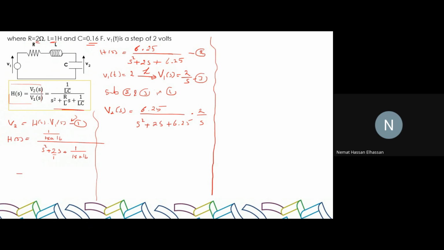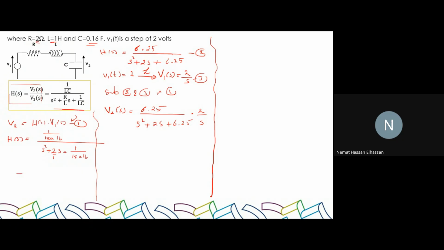However, this will give me V2 of S. The question is, what is the final value of V2 of T? It doesn't mean that I will just use the inverse transform to find V2 of T. I need to find the final value, which is when T is equal to infinity. So for that, I'm going to invoke one of the theorems that I've studied.